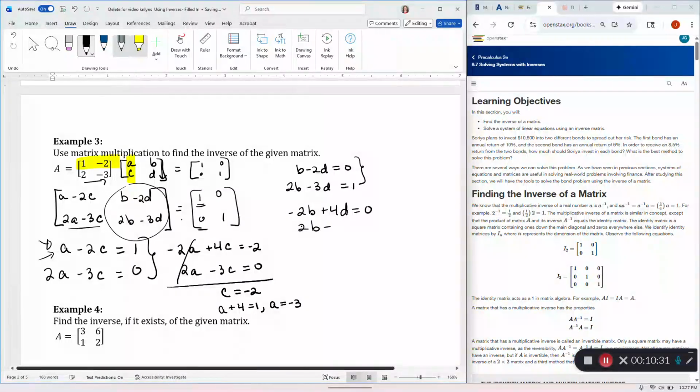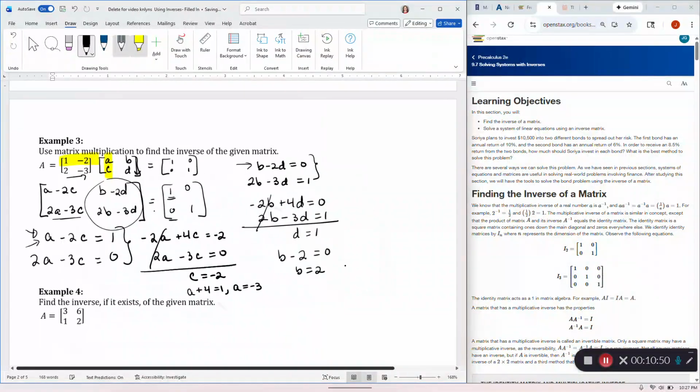Second equation I'm not going to change. And we add, 1D is equal to 1. I'm going to back substitute. I think I'll use this one. B minus 2 equals 0. Oh, B is 2. All right, I have all four now.